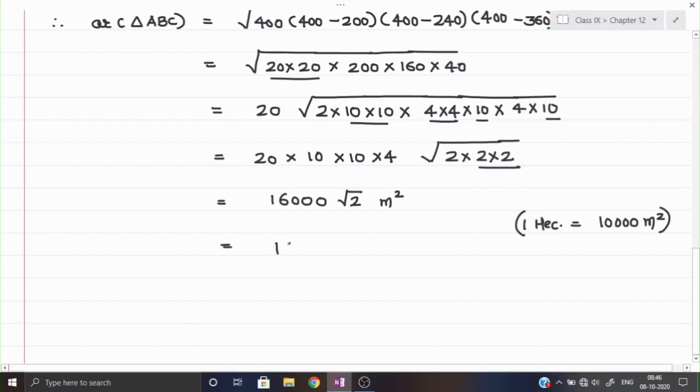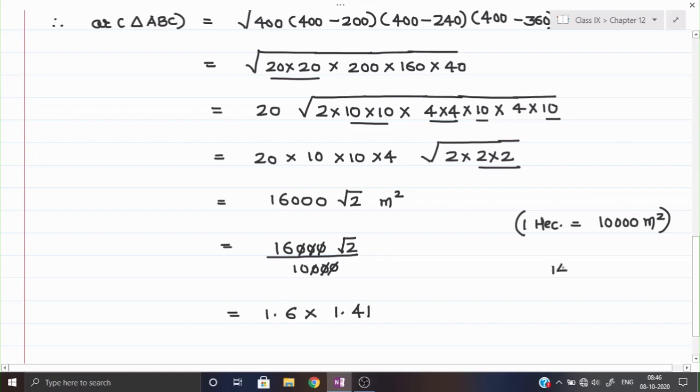Okay, so this will be 16,000 under root of 2 divided by 10,000. So 3 zeros will be cancelled directly. One zero is remaining, so that I will write down as 1.6 into under root of 2. Under root of 2 I am writing as 1.41.